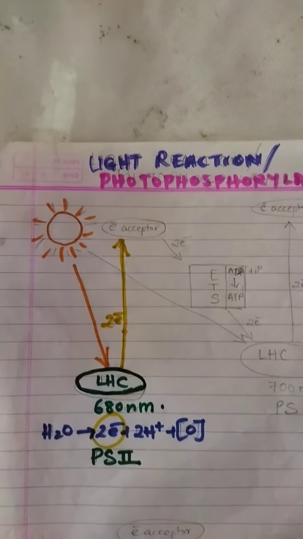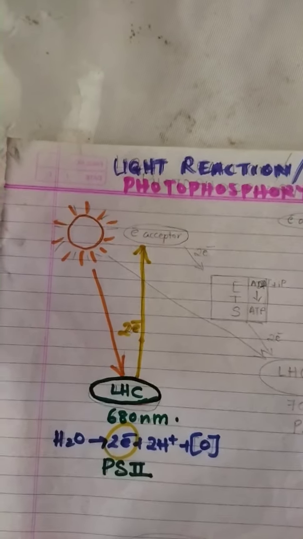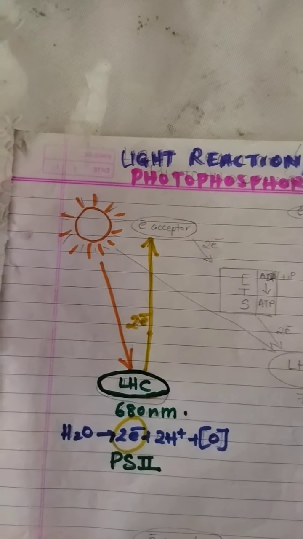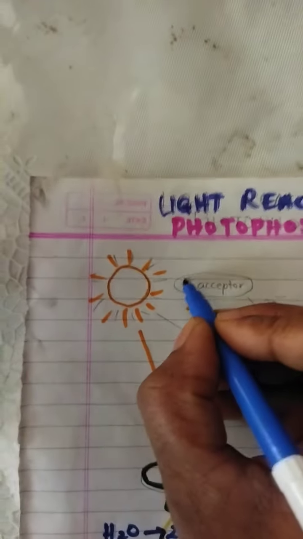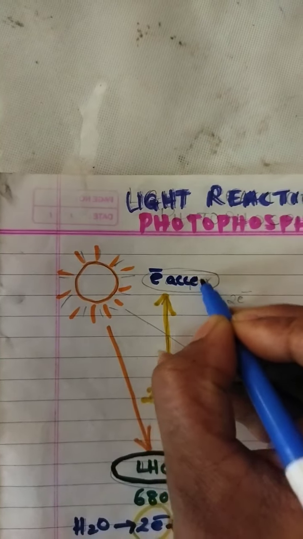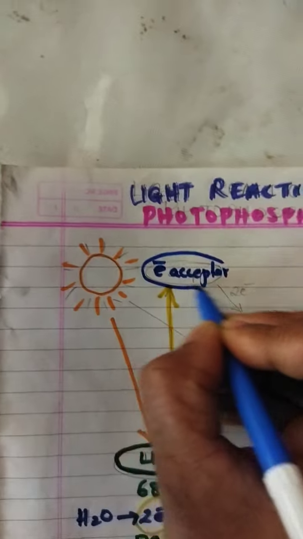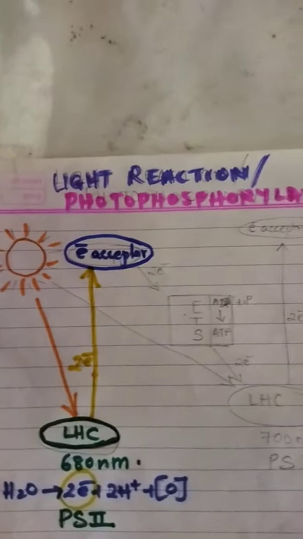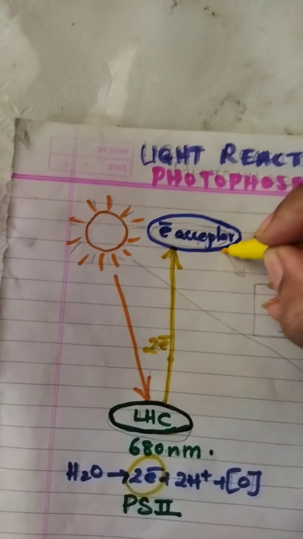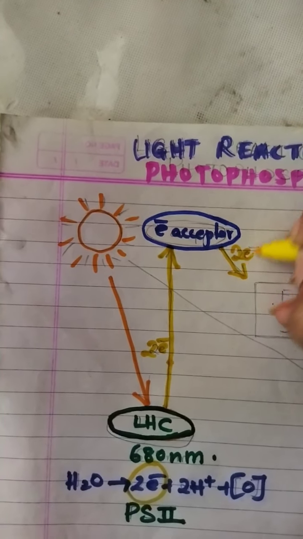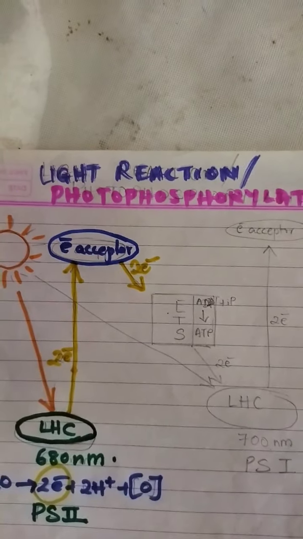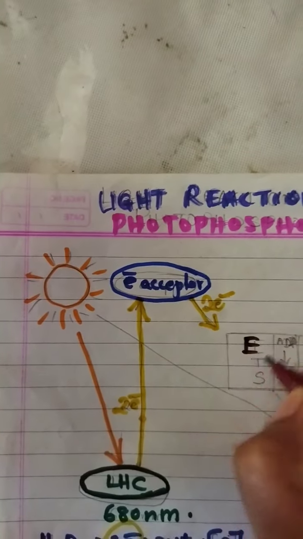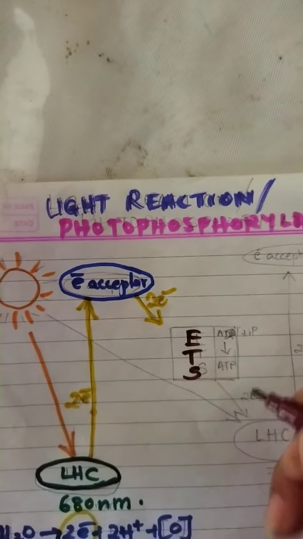These two excited electrons are then harvested or absorbed by the electron acceptor. And this electron acceptor then channelizes these two excited electrons to something called as the ETS, electron transport system.